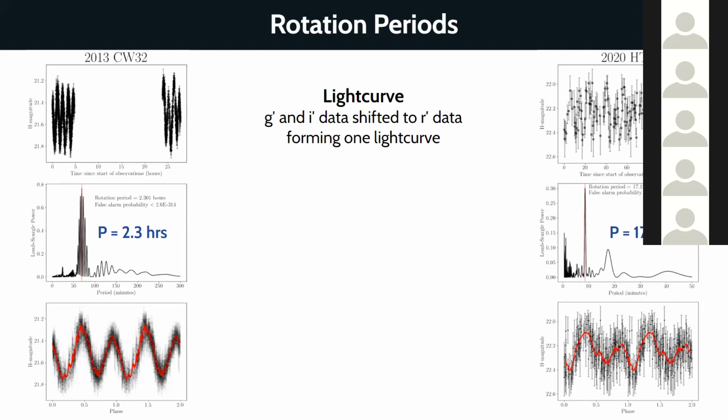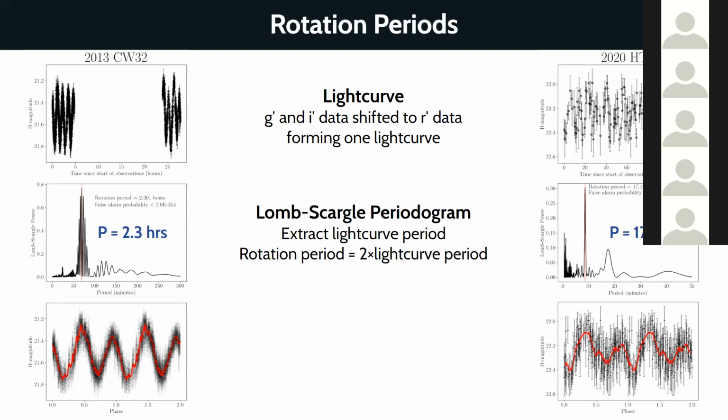I first formed a densely sampled light curve by shifting the G and the I data to match R. I got the Lomb-Scargle periodogram and extracted the light curve period out of that, multiplied it by 2 to get the rotation period, and at the bottom it's shown as the phase light curve. The data was folded at the rotation period, so you can actually see the rotation.